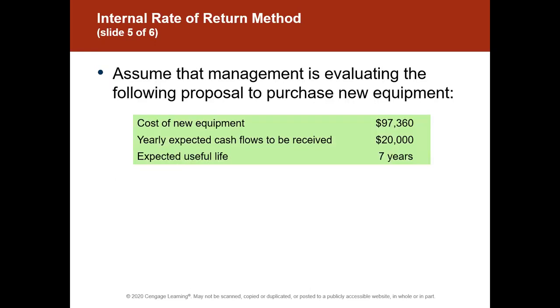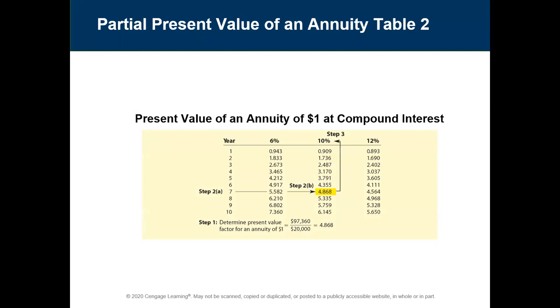So here's an example. Cost of the equipment, $97,360. We expect $20,000 a year in cash flows to be received. It has a 7-year expected useful life. So we go to the table, present value of an annuity, and look at 7 years.